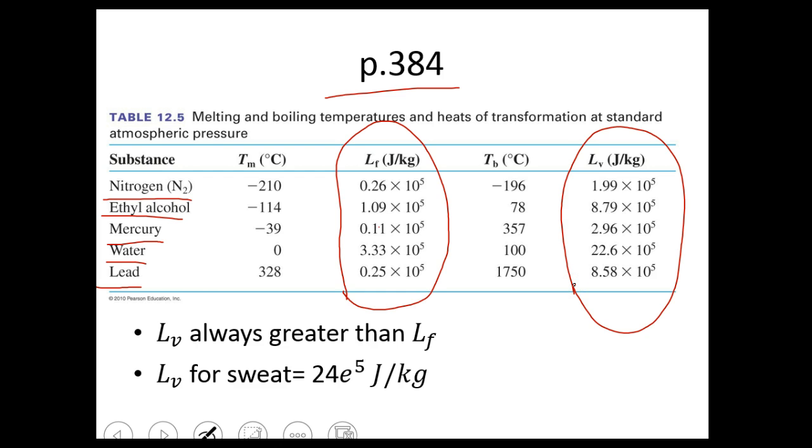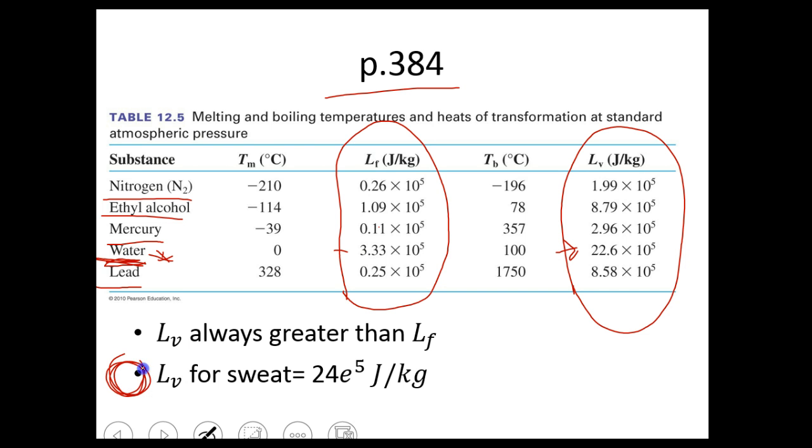So it really just depends. The other thing I want you to note when you look in this table is that for a given substance, like water, which is what we'll use most often, the heat required to take water from ice to liquid water is a lot smaller than the heat required to take liquid water to boiling water, vaporizing it.